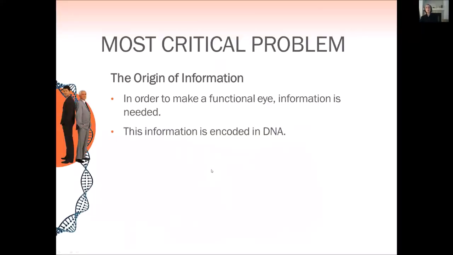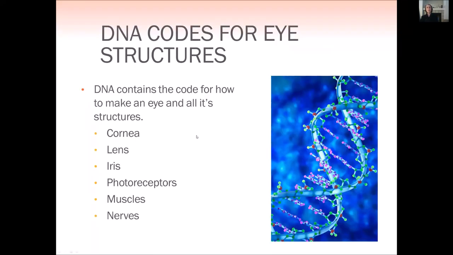But the most critical problem for evolution is the origin of information. If you're going to make a functional eye, you need information. And in biological systems, information is encoded in DNA. So for the eye, DNA contains the code for the cornea, the lens, the iris, the photoreceptors, muscles, and nerves.